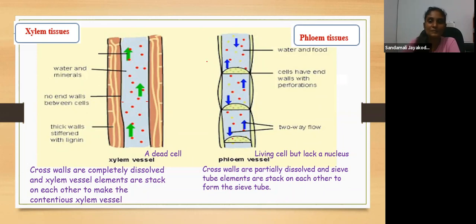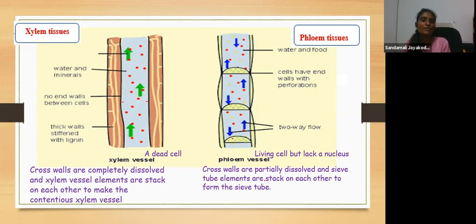And in phloem tissue, the cross walls are not completely dissolved. They are partially dissolved. We can see the holes, but the wall is there. So sieve tube elements also stack on each other to make a sieve tube, the main cell of the phloem tissue.